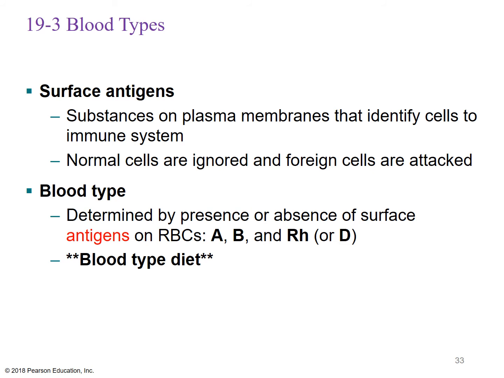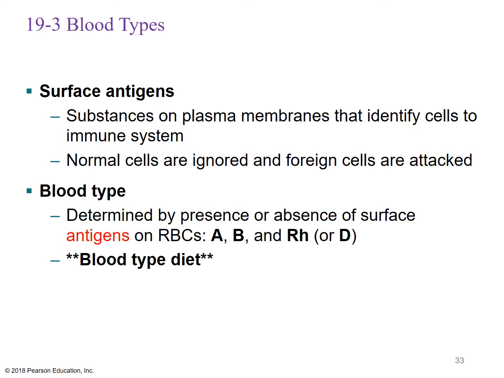Now, when it comes to blood typing, there are a number of different antigens that can be found on red blood cells, but we're going to talk about the most common ones, which would be A, B, and then Rh, or sometimes referred to as D. Some people follow a blood type diet, not because of a fad thing, but if you look further into the blood type diet, it's all about what are the antigens on that particular red blood cell and how does it interact with the antigens that are on specific types of foods.